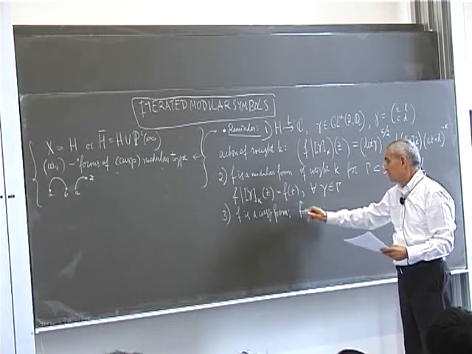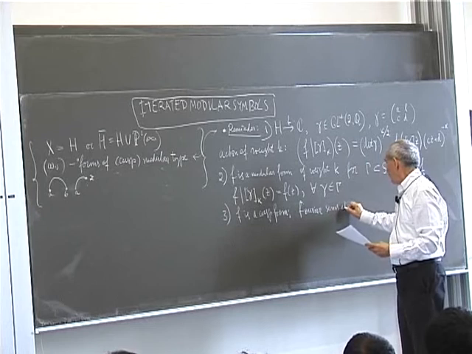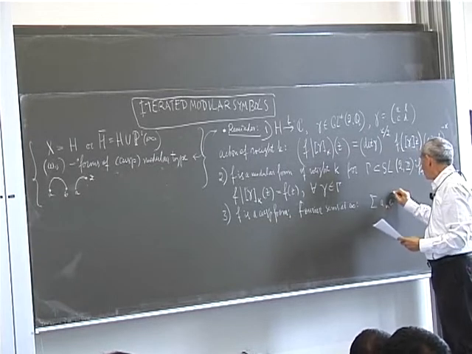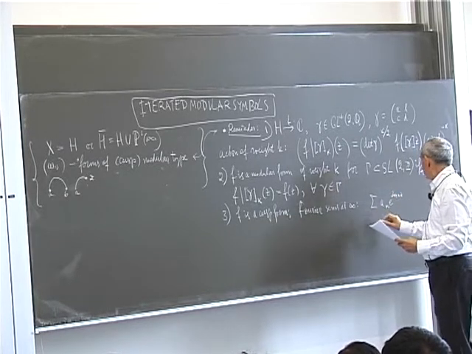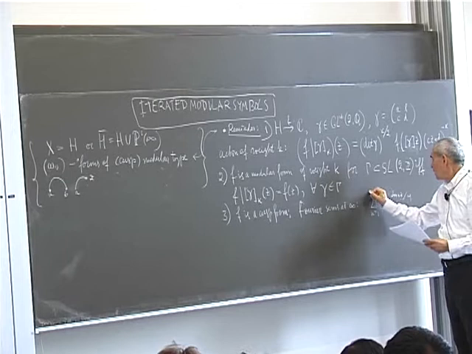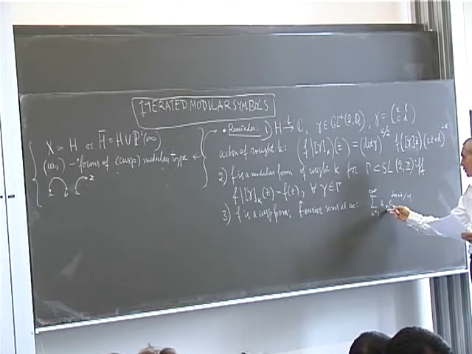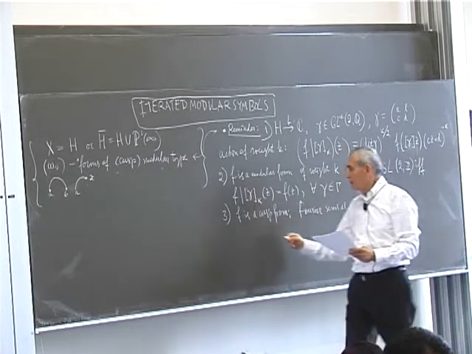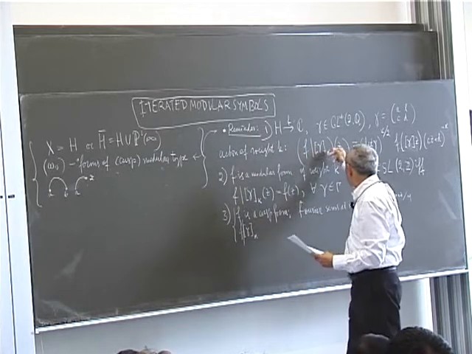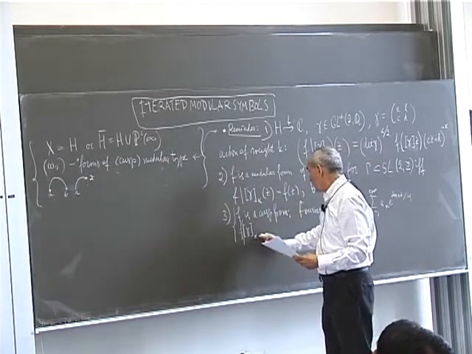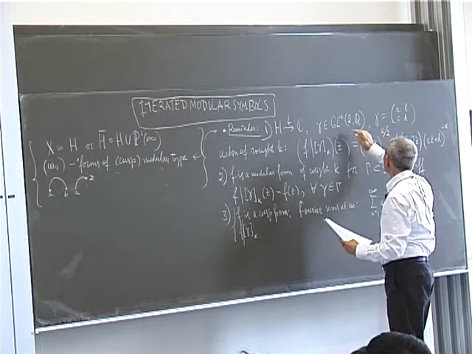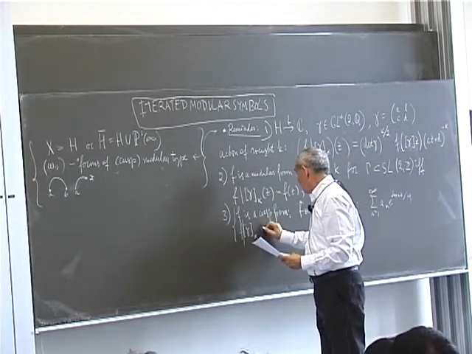Its Fourier series at infinity. So it should start with the first term. Or if there is a denominator or something like that, anyway, it will start with q to the power 1. And so there is no constant term, but also when I apply the action of elements of my group, GL, it also satisfies this property.